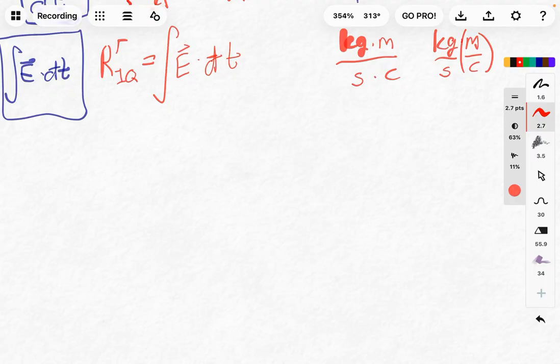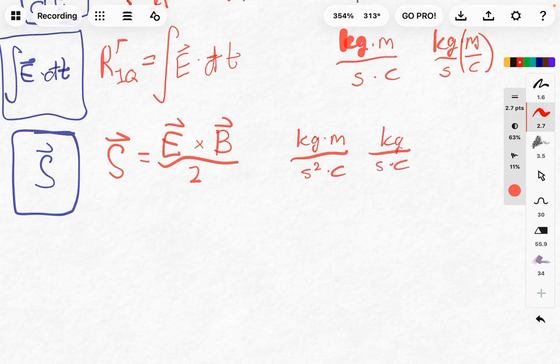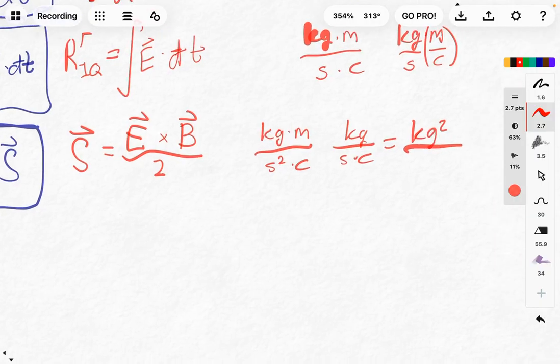And we will also define one last object, and that is the Poynting vector, which is the electric field cross the magnetic field over 2. Unit-wise, we find the electric field is kilograms times meters per second squared coulomb. Magnetic field is kilograms per seconds coulomb. And thus the official definition of S in SI units is kilograms squared times meters per seconds cubed coulomb squared.